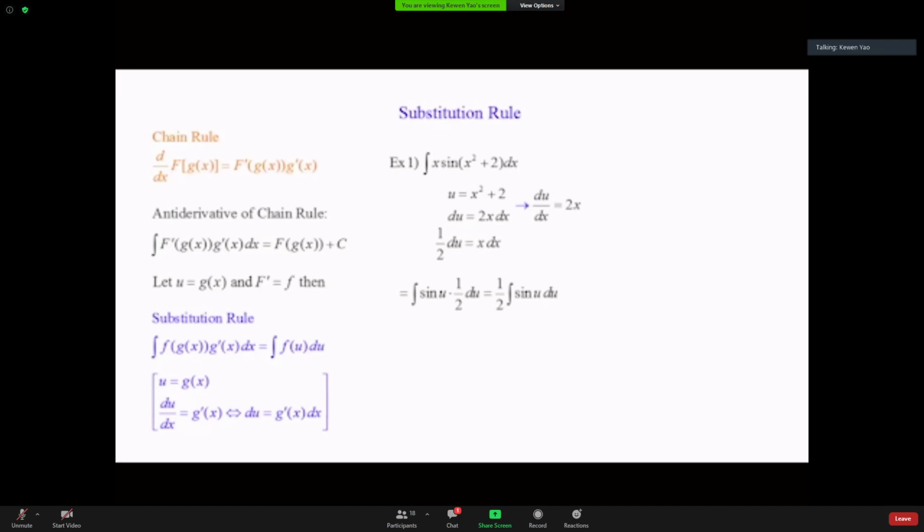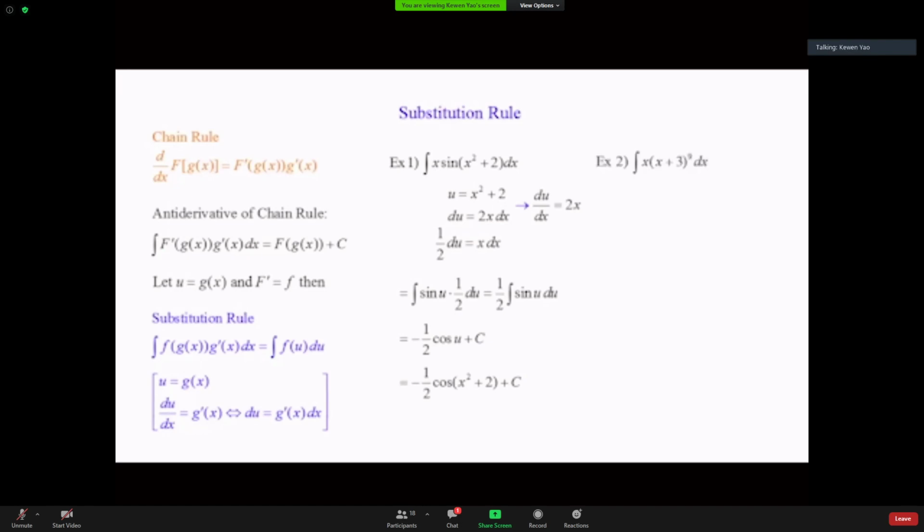It's all in terms of u, so all is good. Integrating with respect to u, we get -1/2 cosine u plus C. We now plug back in u equal to x squared plus 2 for a final answer of -1/2 cosine of the quantity x squared plus 2 plus C.